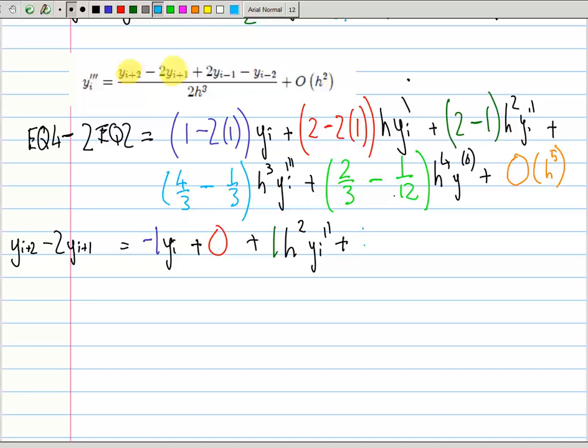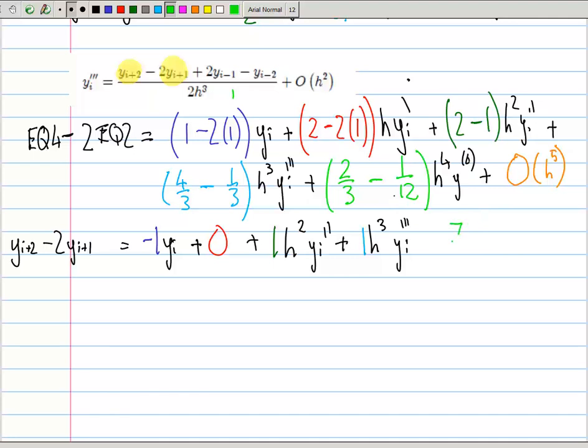We have 1. h cubed y triple prime. And then we're looking at our green term, 2 over 3 minus 1 over 12. If you end up working that out, 2 over 3 is 8 over 12, minus 1 over 12, we have 7 over 12.